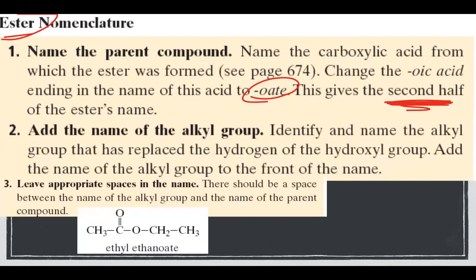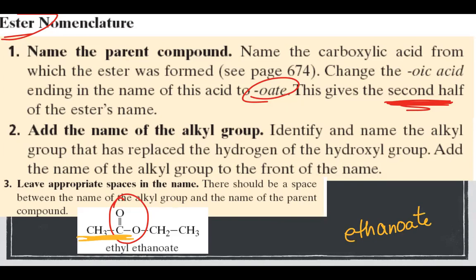So for this one, you identify your former carboxyl group, and then the first part of this becomes the second part of your name. So that has 2 carbons. So that's eth. And so we're going to change it to ethanoate, because it would have been ethanoic acid.